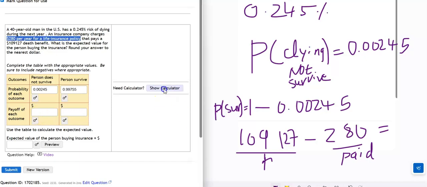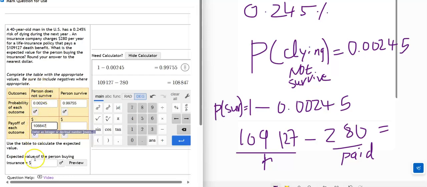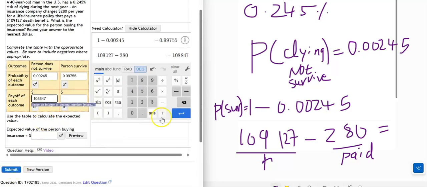Okay, so if you subtract this number, let me do that. 109,127 minus $280 gives you, my bad, 109 here is 108. I'm going to put 108,847. That's how much the person is actually going to get if the person does not survive.